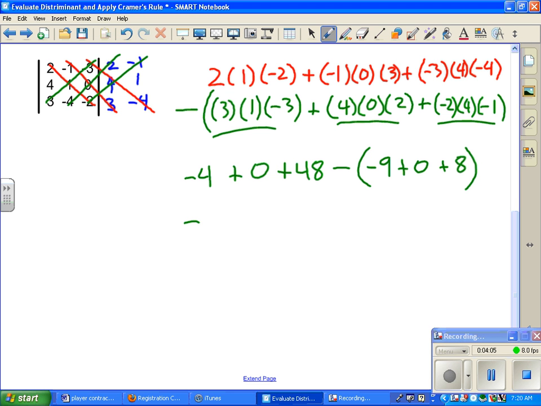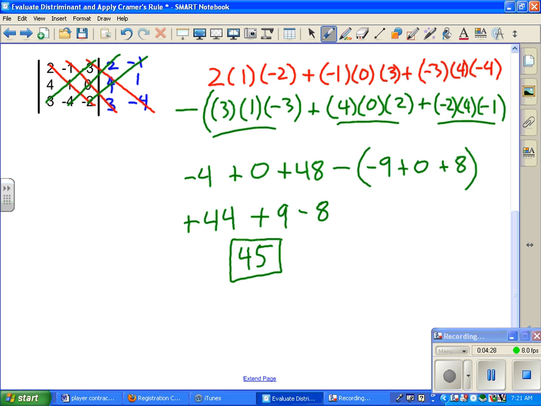So I've got, actually, it's a positive 44 plus 9 minus 8. Okay, so that ends up with 53 minus 8, which is 45. My determinant in this case is 45.